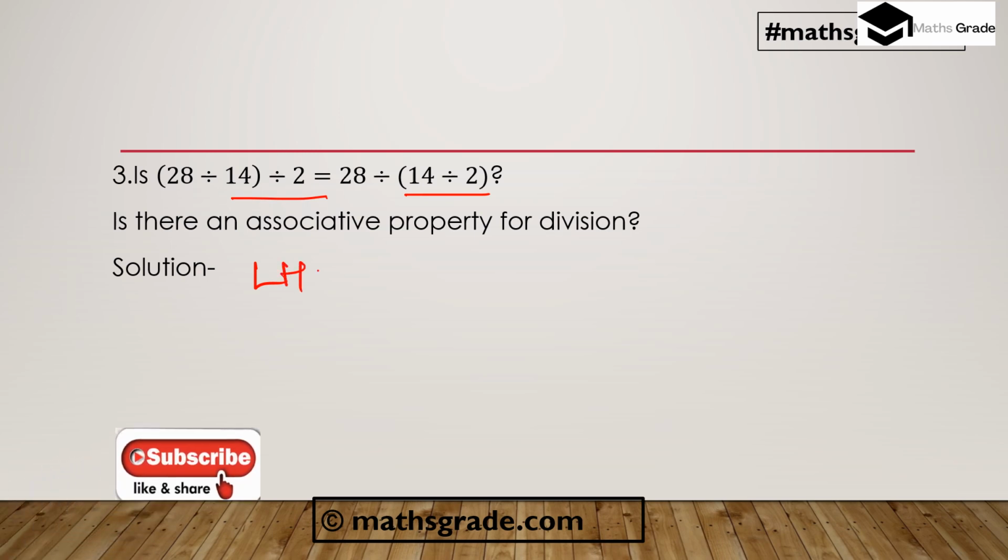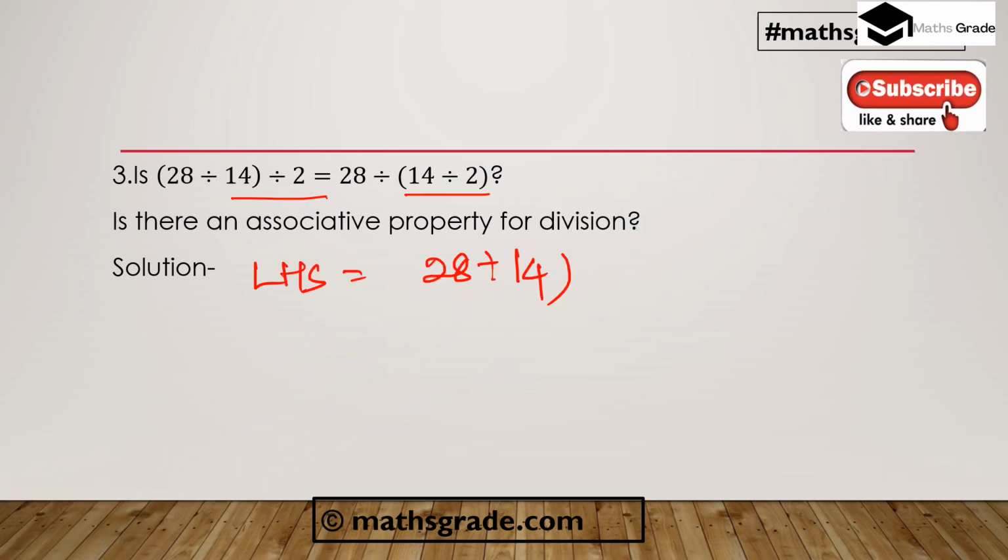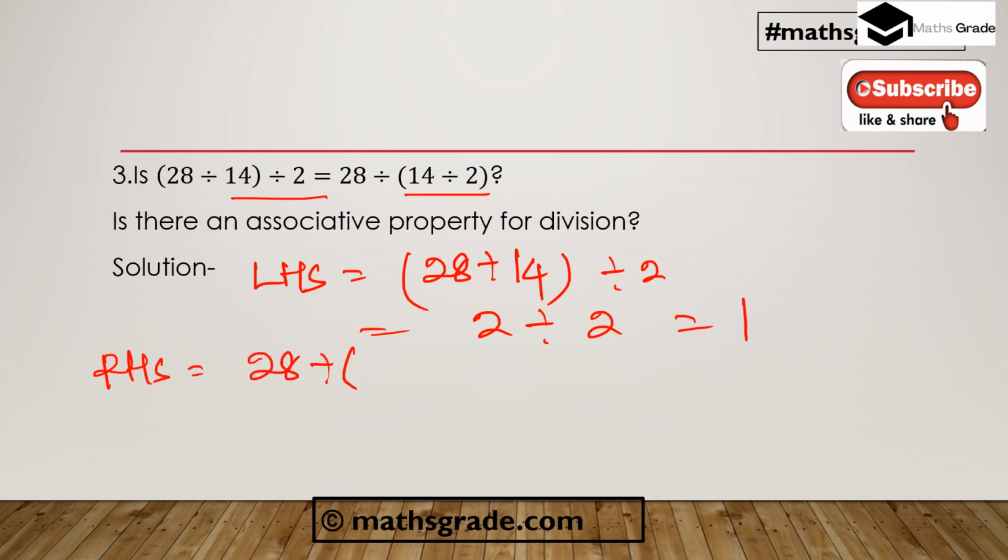First find out the left hand side, that is 28 divided by 14 divided by 2, and 28 divided by 14 is 2, and 2 divided by 2 is 1. And the right hand side is 28 divided by 14 divided by 2, and 14 divided by 2 is 7.